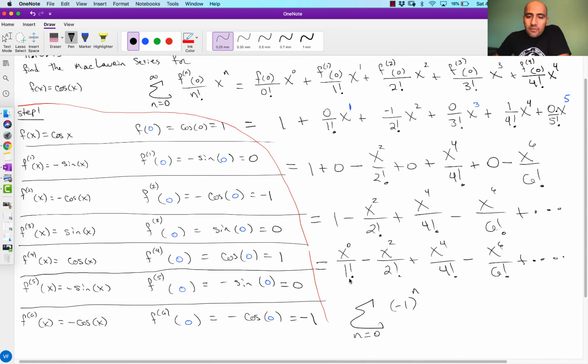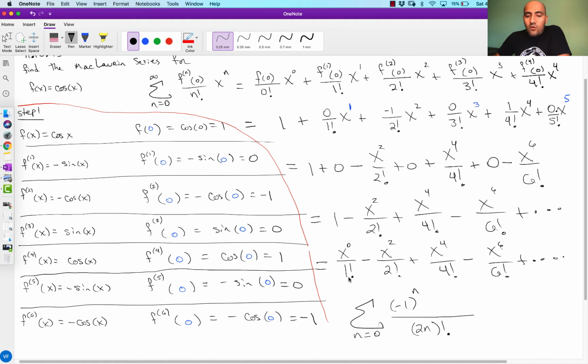And then there seems to be something to do with all the even ones, right? So I don't want to be counting by ones. I want to be doubling everything. So it looks like maybe 2n factorial would work out. When n is 0, I get that first one.